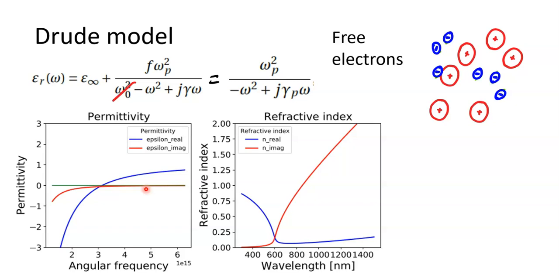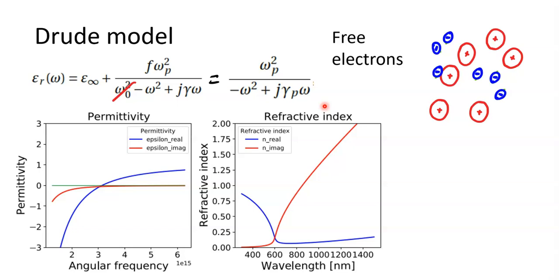One important observation. Real part of permittivity is negative below the plasma resonance frequency. Later we shall see that this feature enables special guided modes called surface plasmon polaritons.